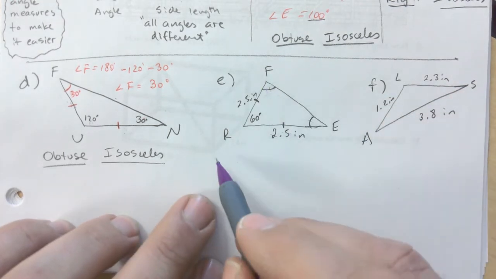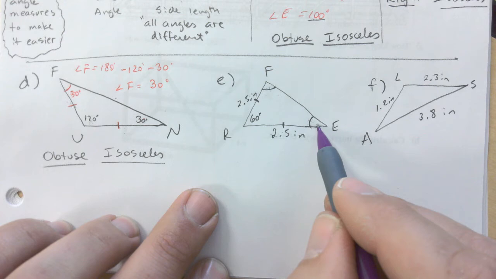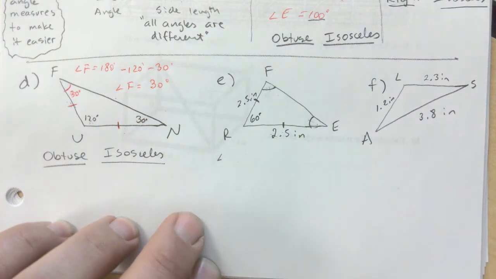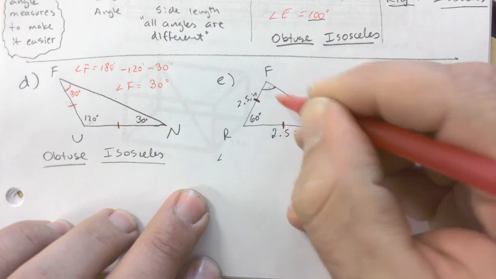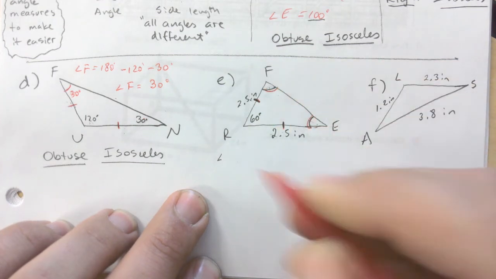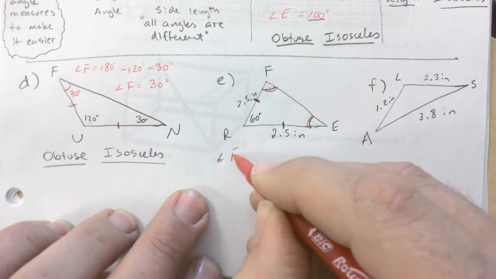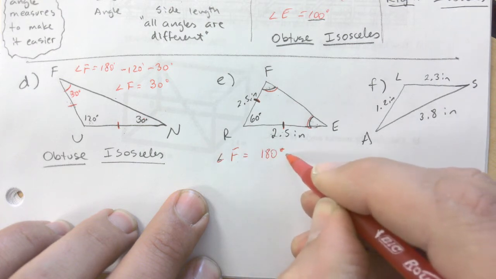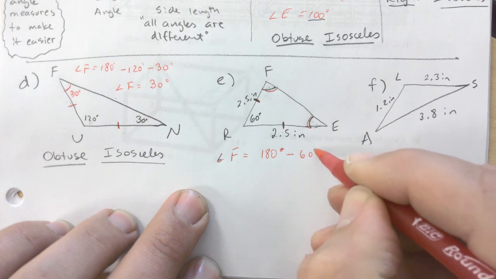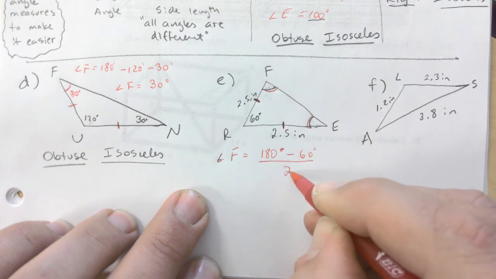So let's find F. If we find F, we also find E, right? So angle F would be 180, right, minus the 60 divided by 2. Now you have to be careful.